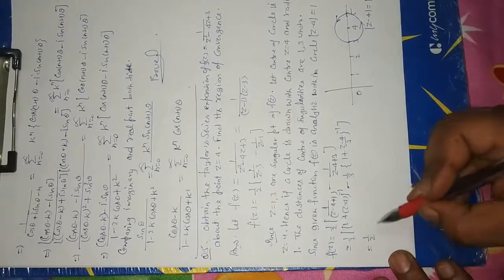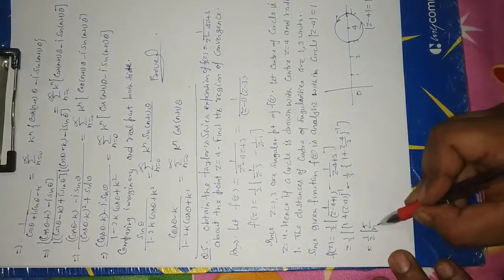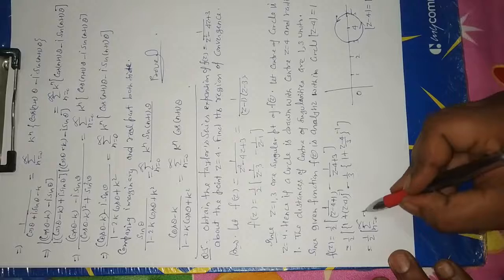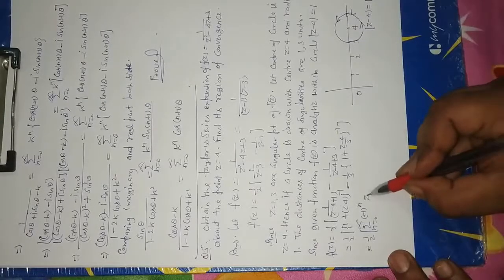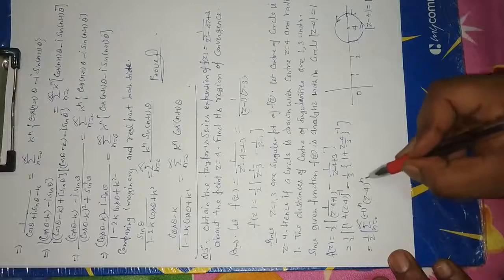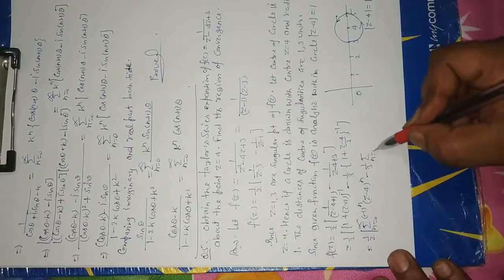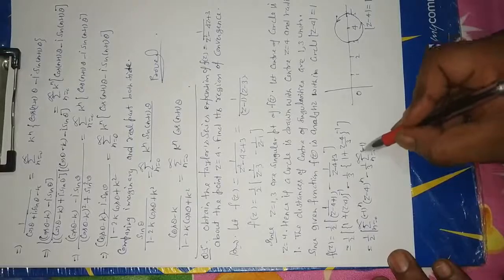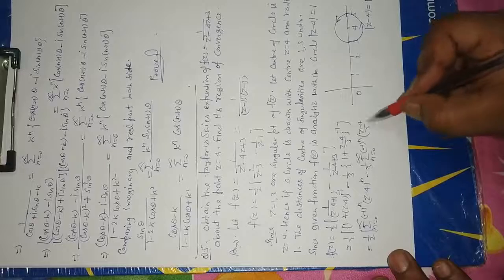This is equal to 1 upon 2 [summation n equal to 0 to infinity (minus 1) to the power n (z minus 4) whole power n, minus 1 upon 3 summation n equal to 0 to infinity (minus 1) to the power n ((z minus 4) upon 3) whole power n].